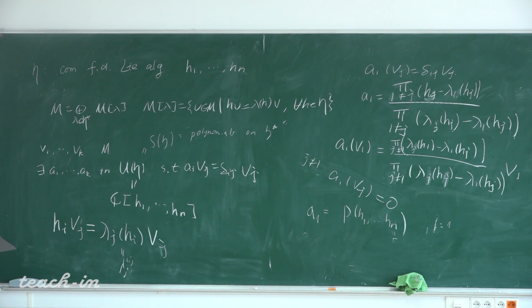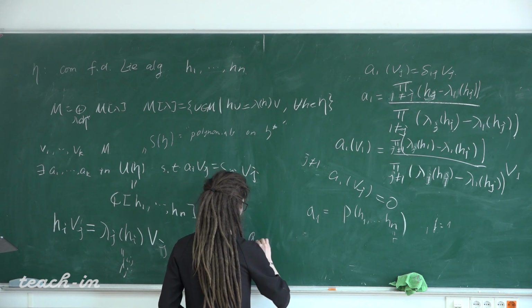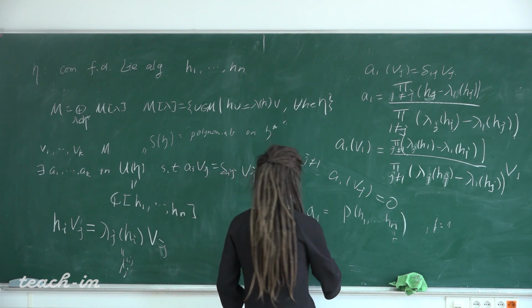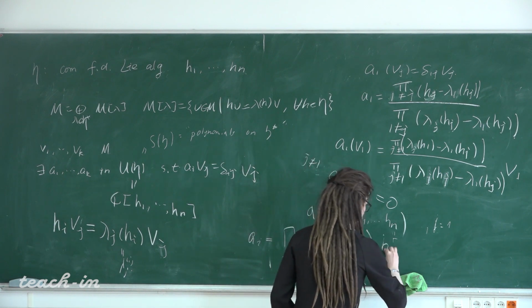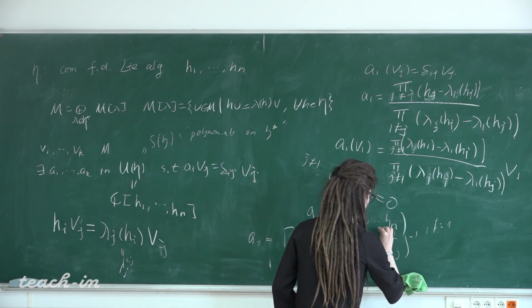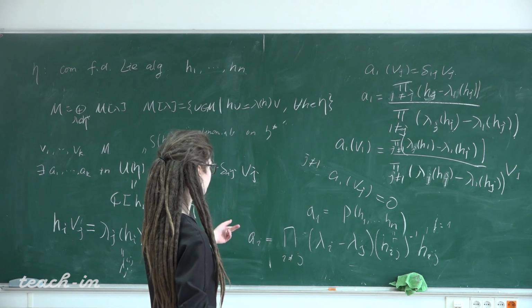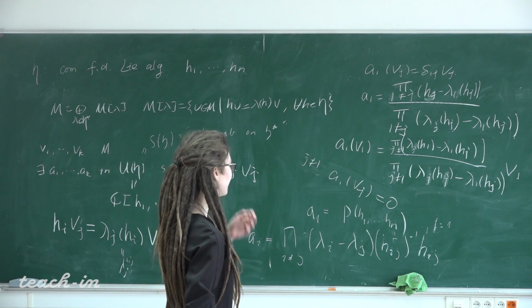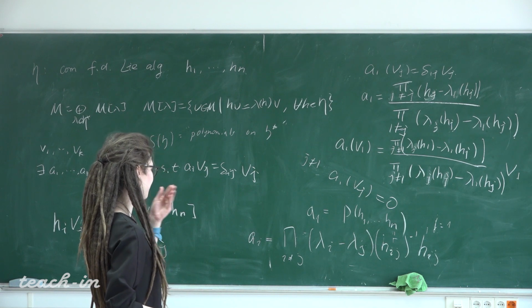It was something like I minus J, and then Hij minus 1, Hij, something like this. This is the Newton polynomial.